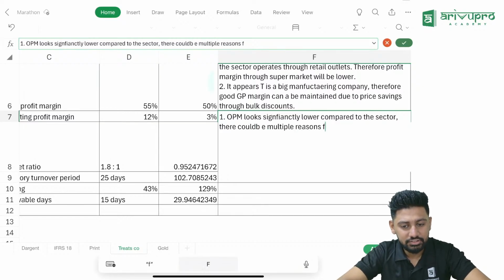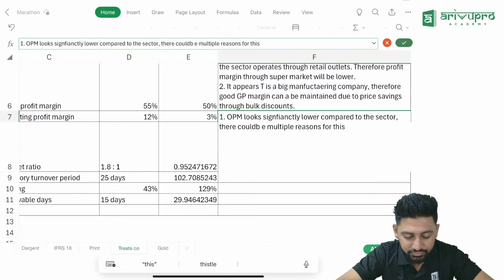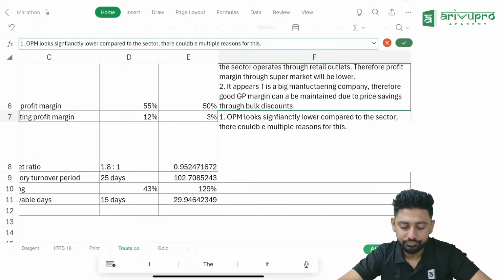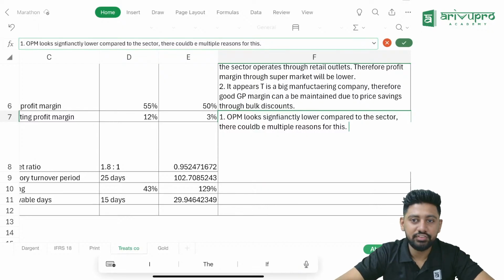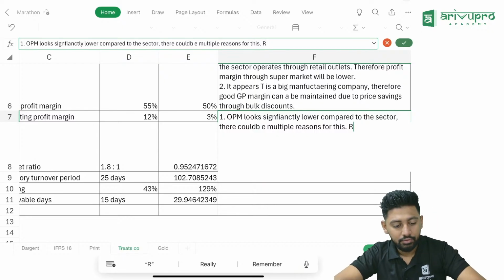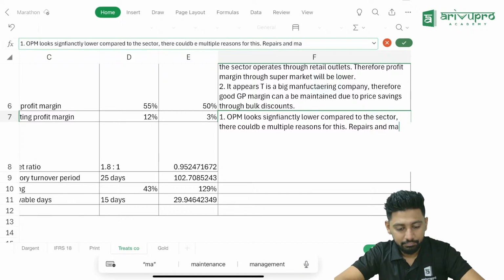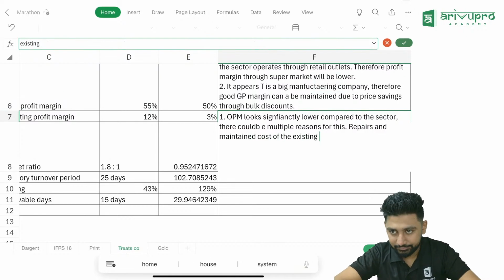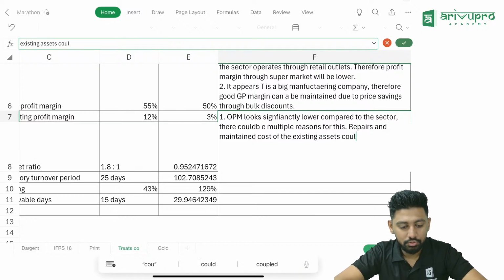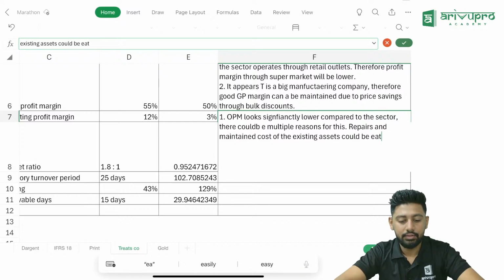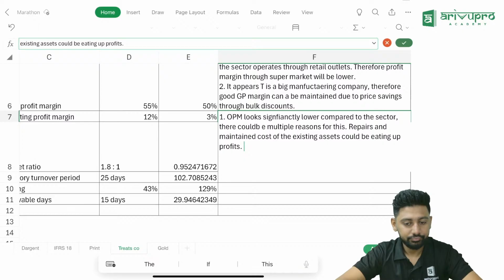There could be multiple reasons for this. One is repairs and maintenance cost of the existing assets could be eating up profits.